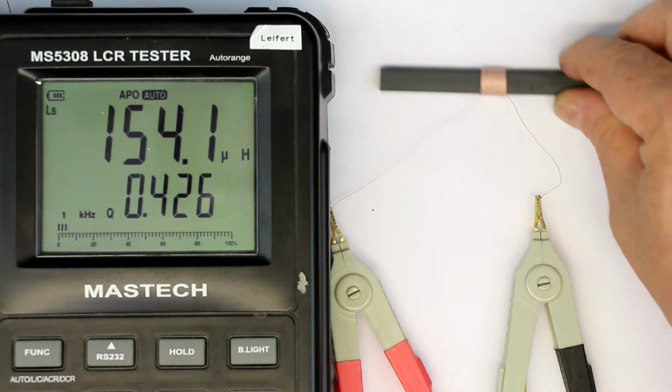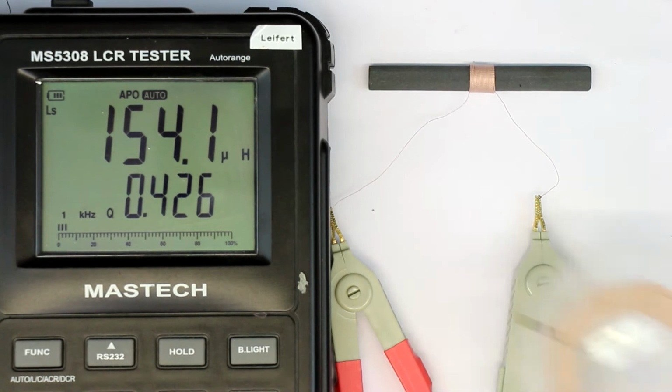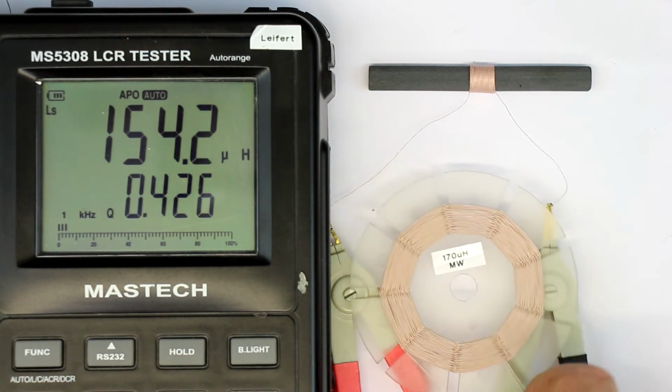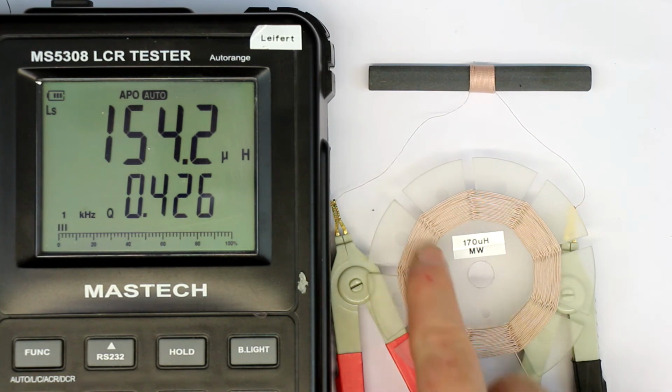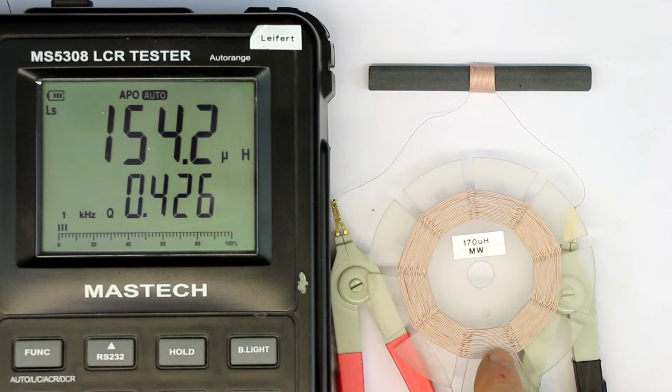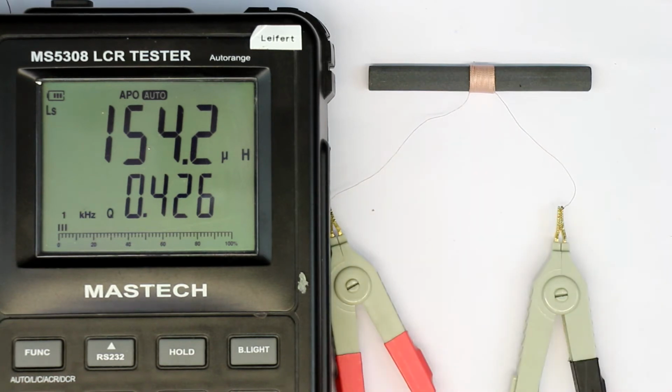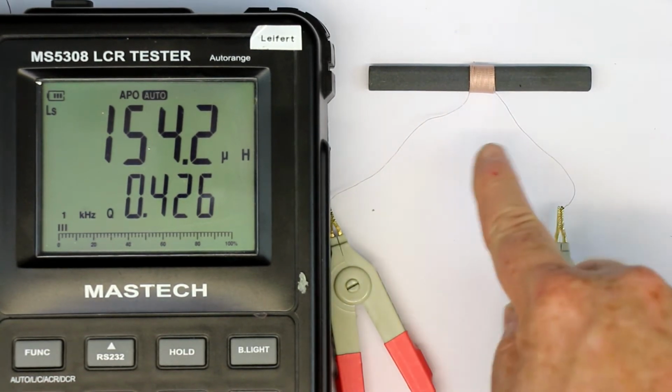Compare this little loopstick antenna with a spiderweb or a spiral wound antenna of nearly the same inductance, which is much larger already, and we can see the effect just by pulling out the ferrite-rod.